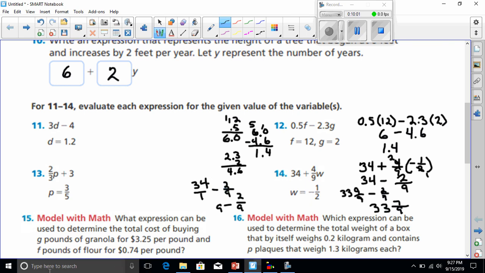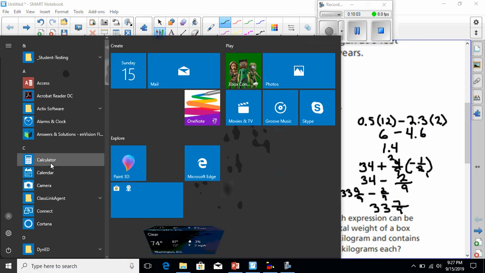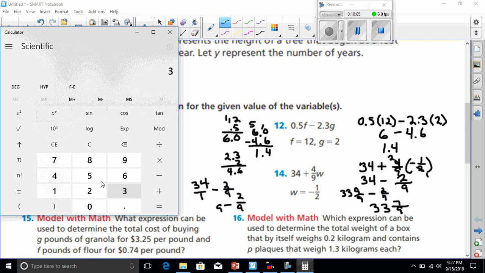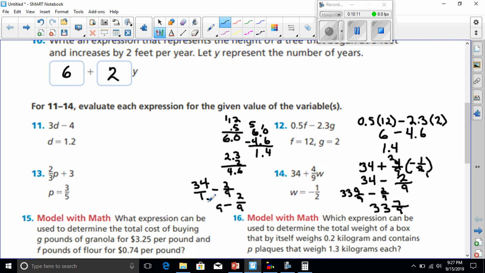Wow, let me use a calculator for that. 34 times 9 gives me 306. And it would be 306 minus 2, which would equal 304 over 9.